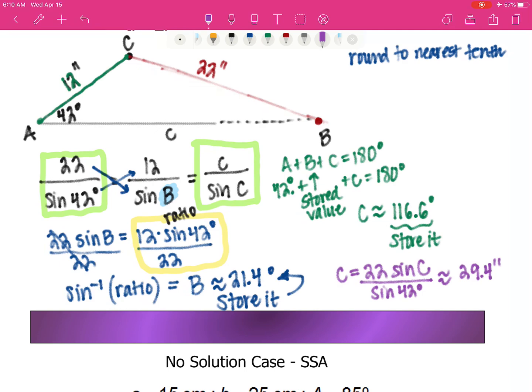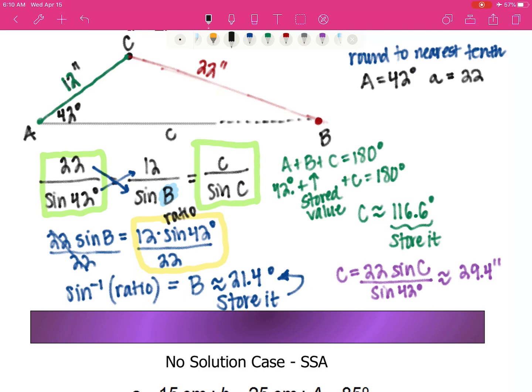So what did we solve for here? They gave us angle A. They gave us side A, right? So they gave us angle A was 42 degrees.